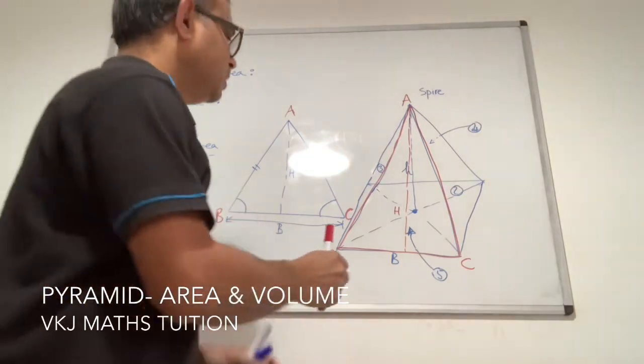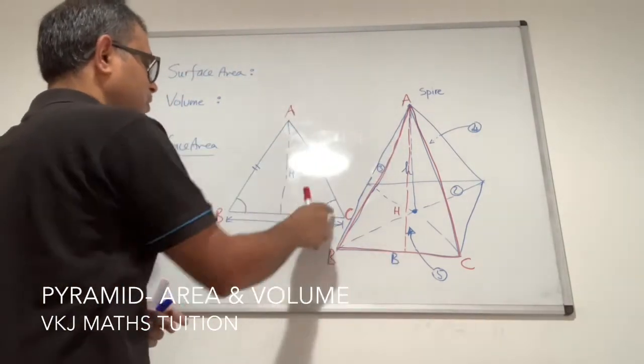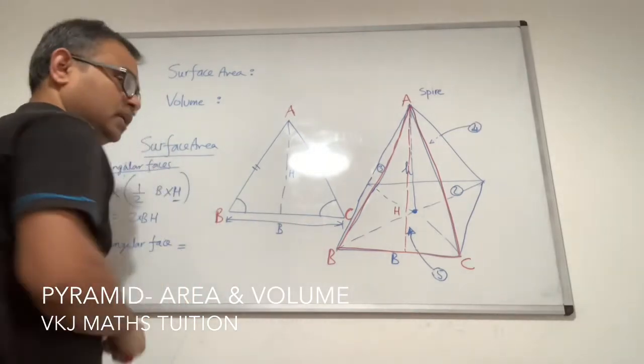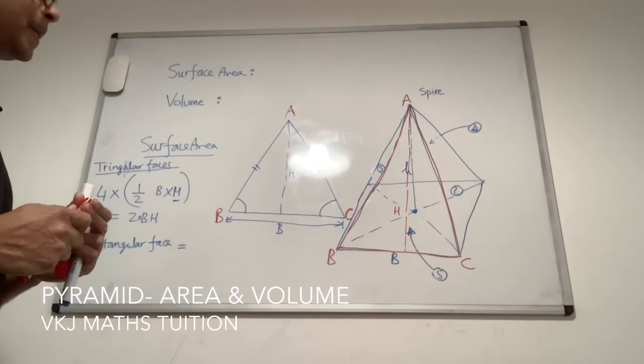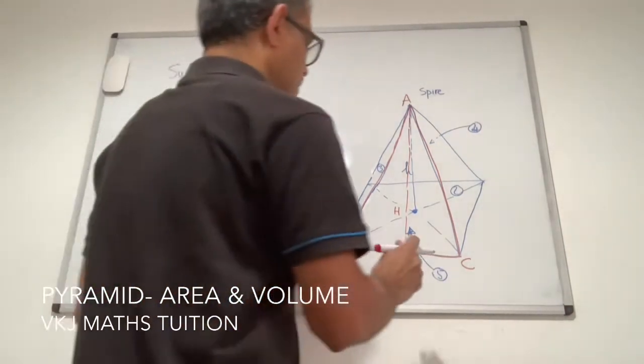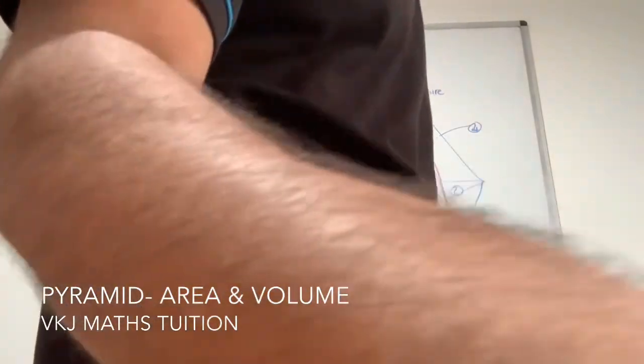But you have to find out this height on the triangular face, to find the area. How will you do it? Can you make out? So this is the base. Is the base a square?